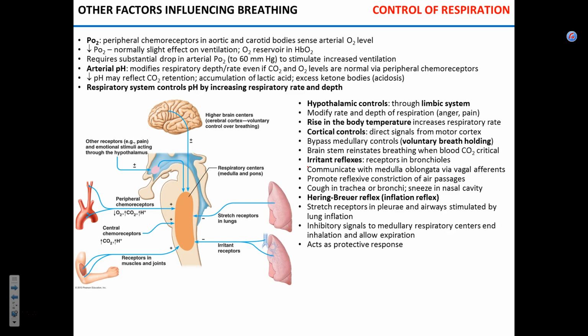Think about hemoglobin unloading. In normal conditions, what percentage of oxygen is unloaded from hemoglobin in the tissues? 25%. You have plenty of oxygen still bound to hemoglobin. You have a huge depot. Does that make sense? So even if your tissue oxygen goes down, you have plenty of oxygen to supply. Make sense?